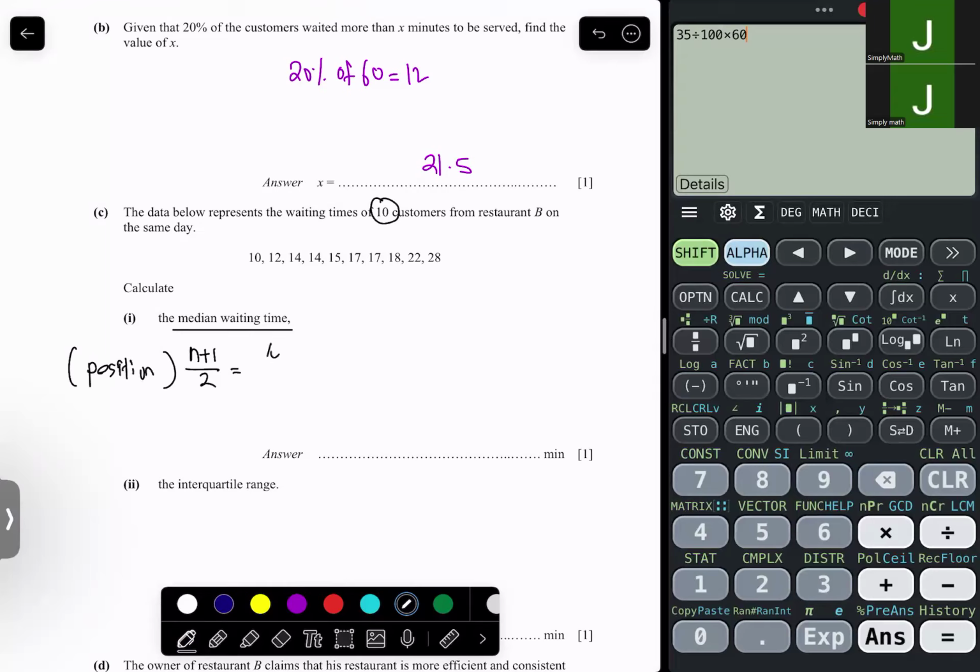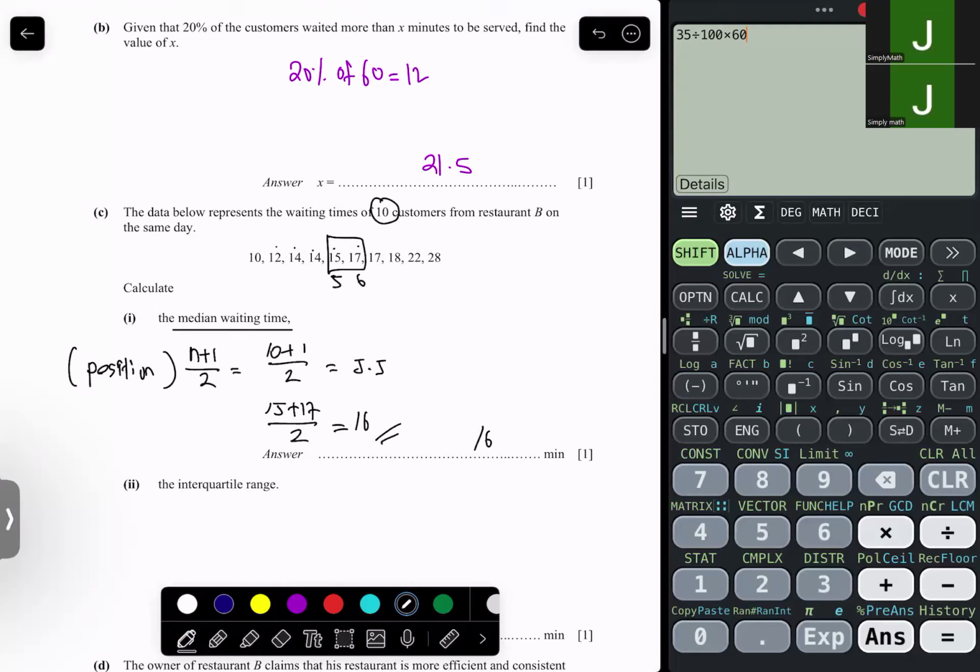So 10 plus 1 divided by 2 is 5.5, which means it is in the middle of the 5th position and the 6th position. So we take the data of these two and find the average. So the median is 16 minutes.